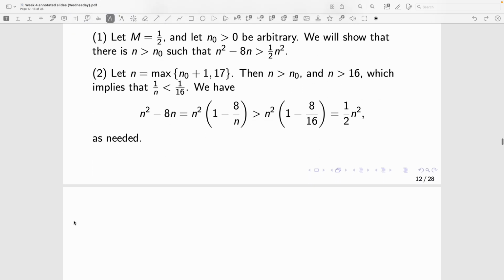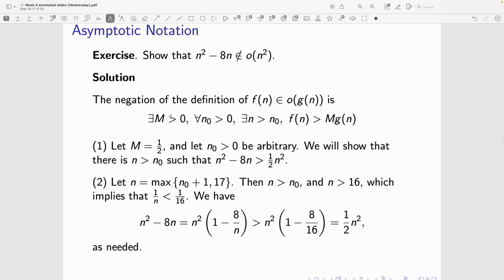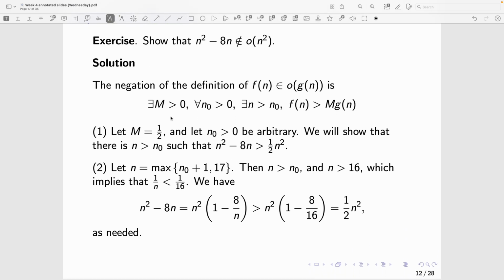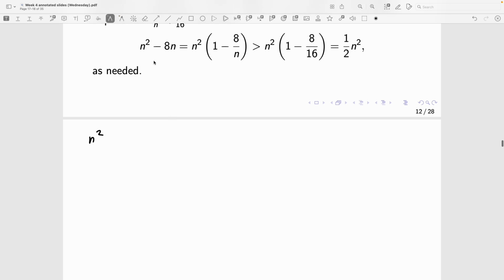So that means you want to find something that works for this.